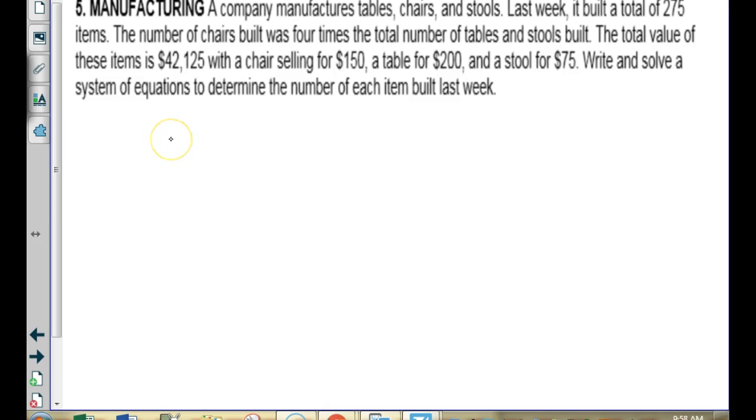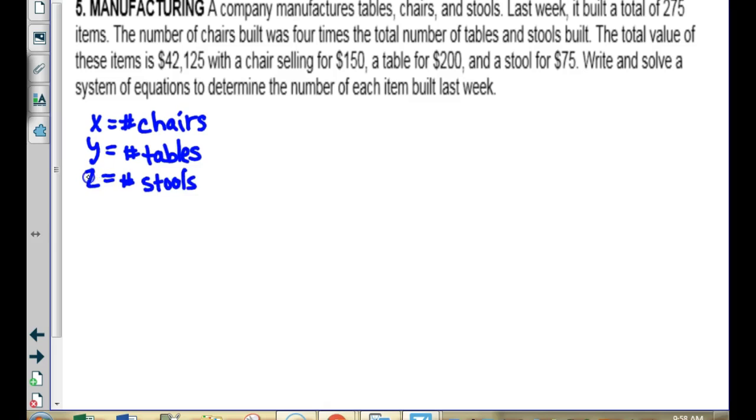Write a system of equations to determine the number of each that were built. So what are X, Y, and Z? Okay, X is the number of chairs built, to be very specific. And Y is the number of tables. And Z will be the number of stools.